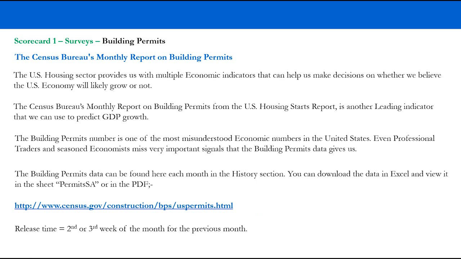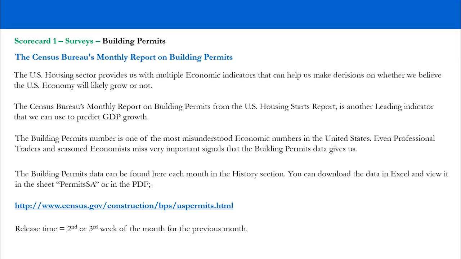Now, the building permits number is really useful because it's one of the most misunderstood economic numbers in the United States. Even professional traders and seasoned economists miss really important signals that the building permits data gives us each month.